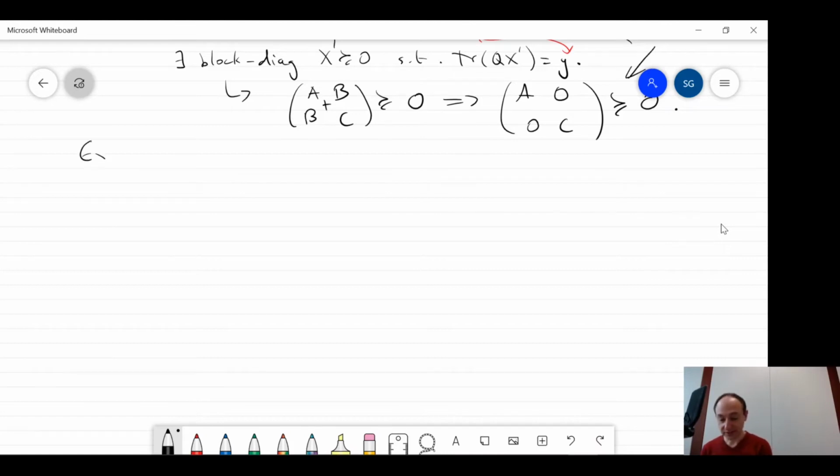Another exercise, which we won't do formally here in the interest of time: prove that, let me see, equation 1, I want to be consistent with my notes.